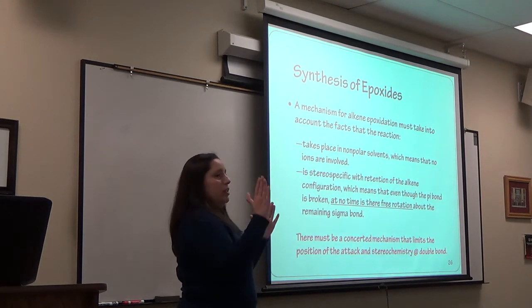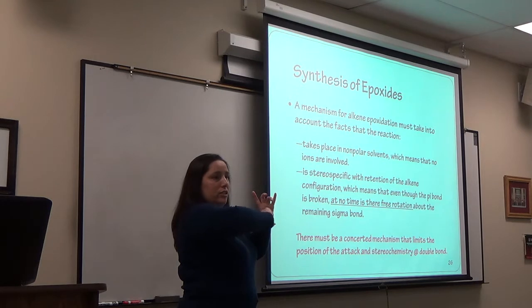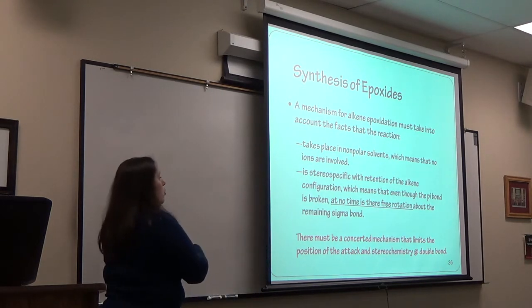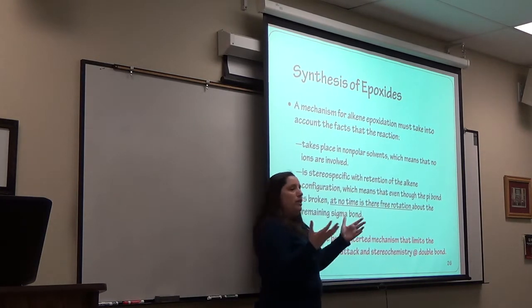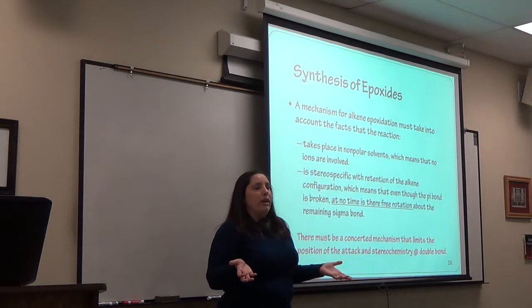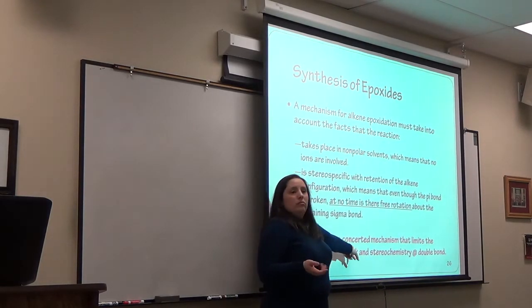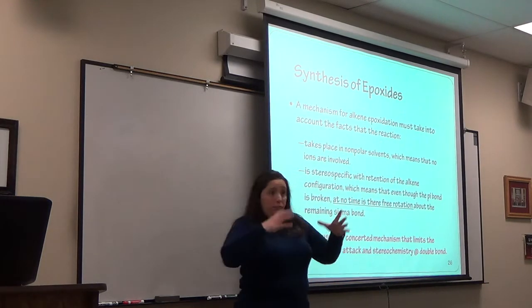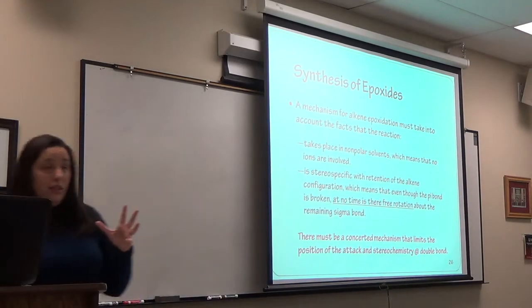If I opened the double bond and had single bonds with a carbocation, it would allow for rotation, because single bonds can rotate much easier than double bonds. So what this is saying is there is no free rotation, which means I do not have a carbocation, which indicates what kind of mechanism? Right? Concerted. So the attack to open that double bond has to all happen at the same time.